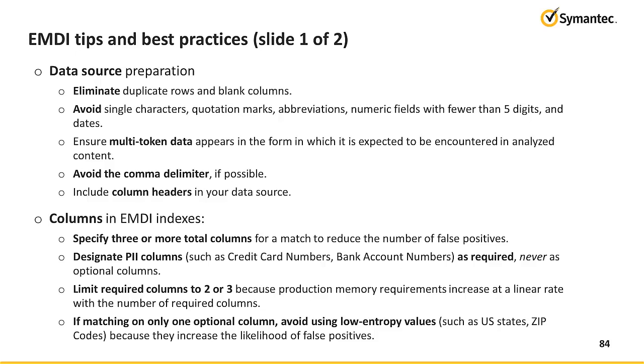Designate PII columns, such as credit card numbers or bank account numbers, as required, never as optional columns. 3. Limit the required columns to 2 or 3, because production memory requirements increase at a linear rate with the number of required columns. 4. If matching on only one optional column, avoid using low entropy values, such as US states or zip codes, because they increase the likelihood of false positives.